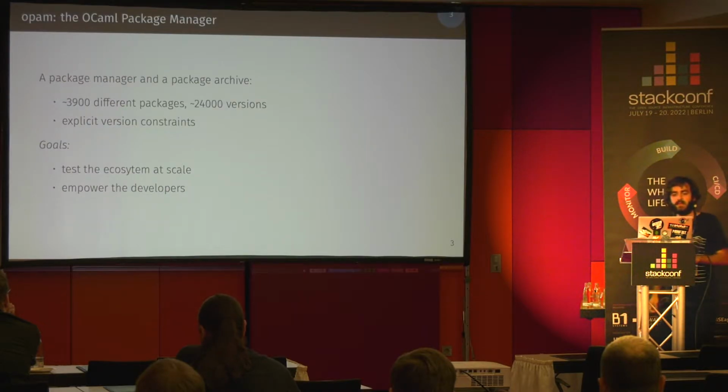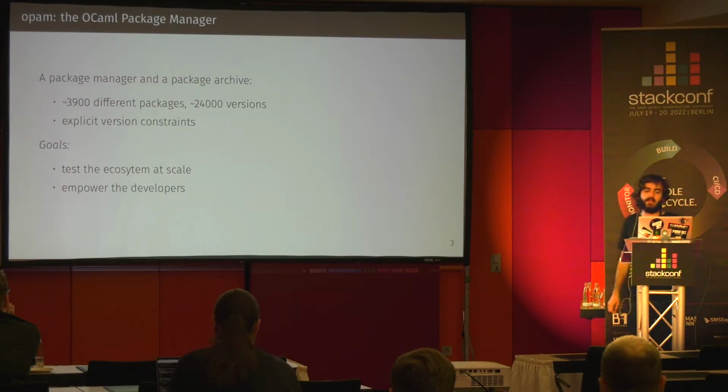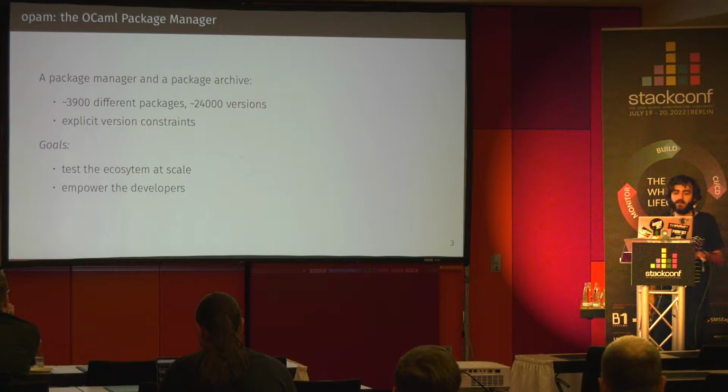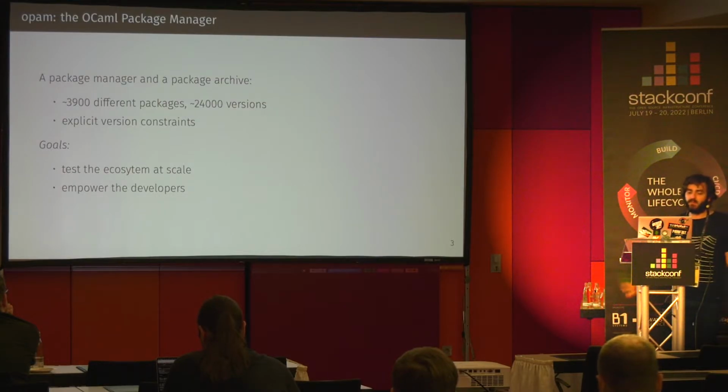We are heavily involved in the OCaml community, and we maintain the OCaml package manager called OPAM, which is a package manager and a package archive. It has around 4,000 different packages and 24,000 different versions of these packages.